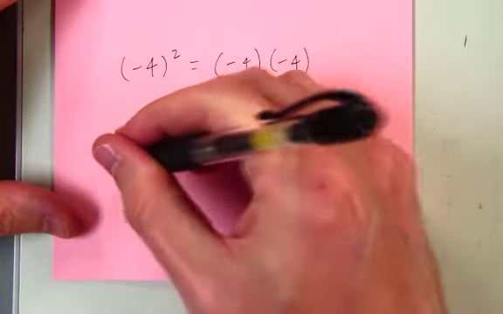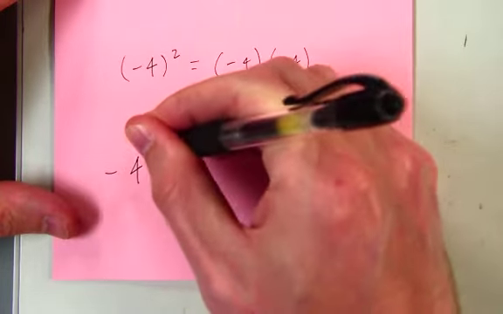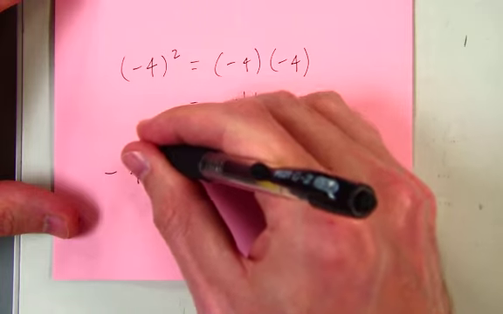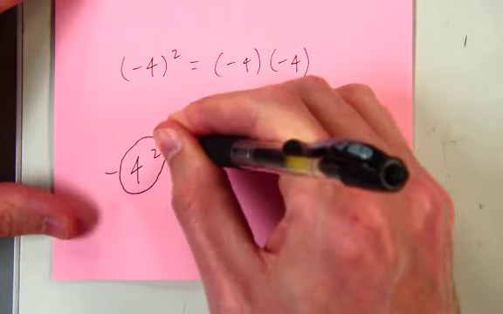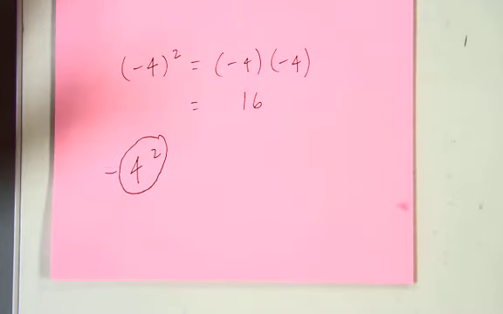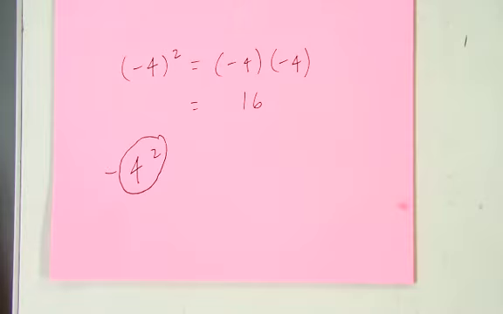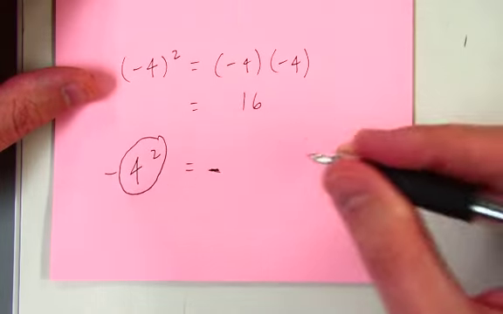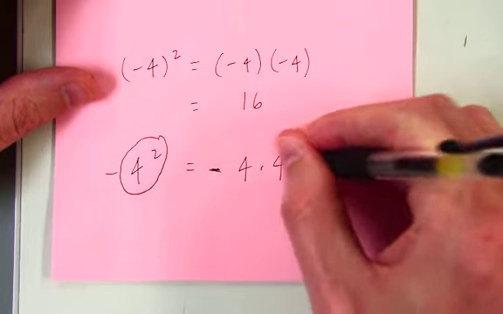Okay, now if I change this just a little bit, this is where people get thrown off. I don't put those parentheses in there anymore. It's important to recognize that this exponent is only on the 4 here. So that's the only thing that we're multiplying times itself is the 4. So we've got this negative that's hanging out in the front, and then 4 squared is like 4 times 4.